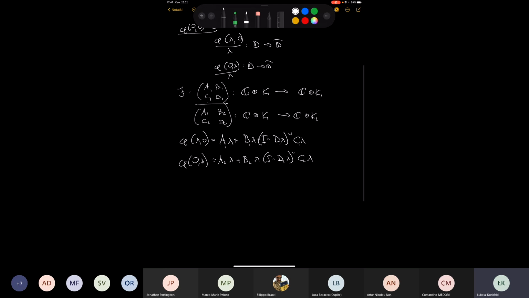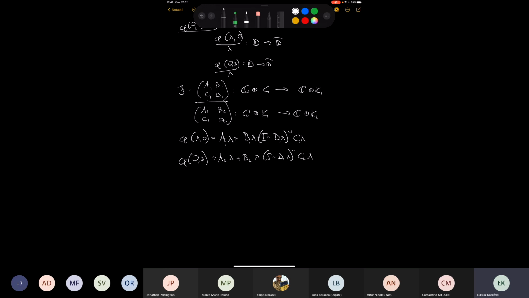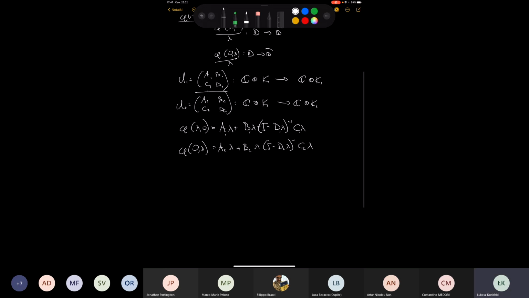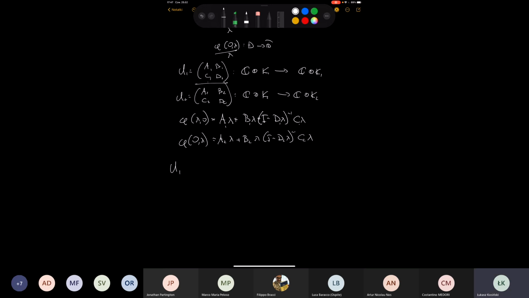Okay, now, so this is U1, and this is U2. Now we can replace U1 with, instead of U1, we can take this. This is identity on K2. So this goes from C plus K1 plus K2 into itself.